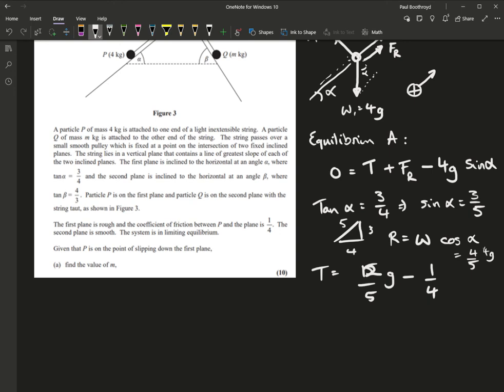So this leads me to have a tension of 5 G.